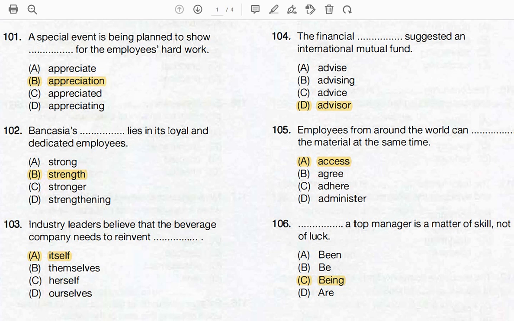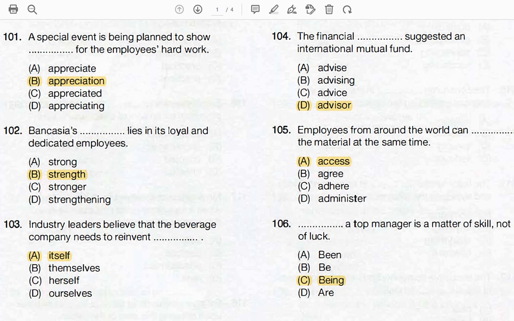Then next, the financial advisor suggested an international mutual fund. So the noun form advisor, with or as our suffix, is the subject of this sentence.